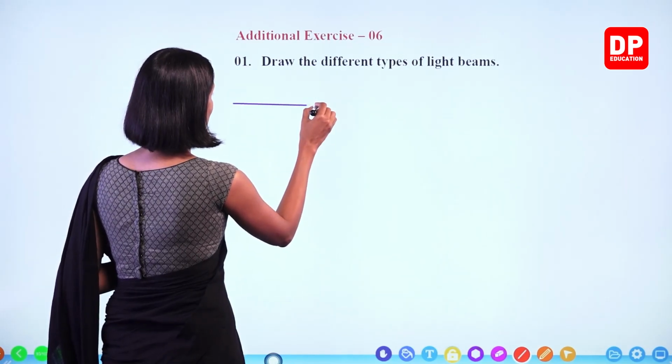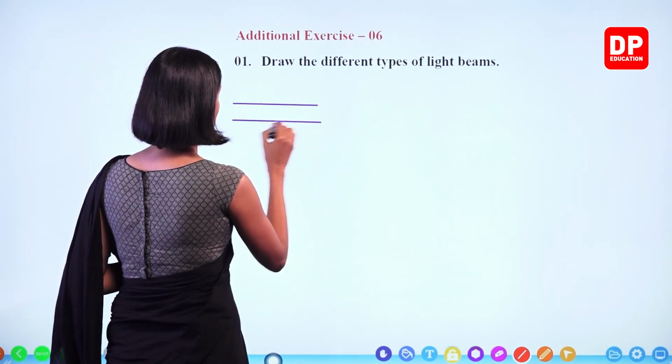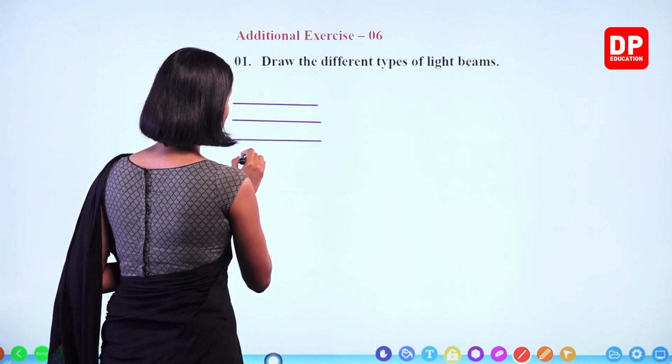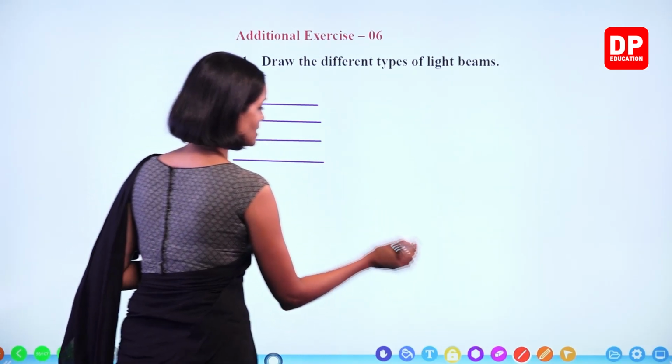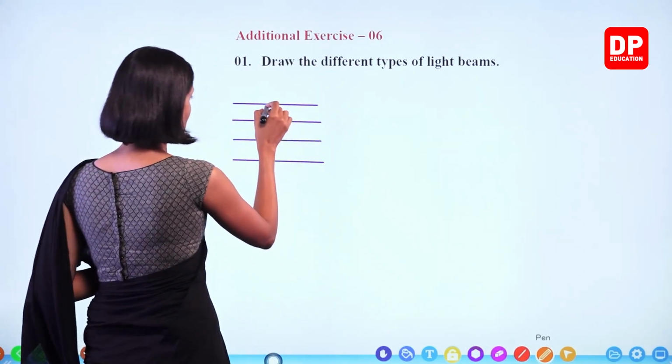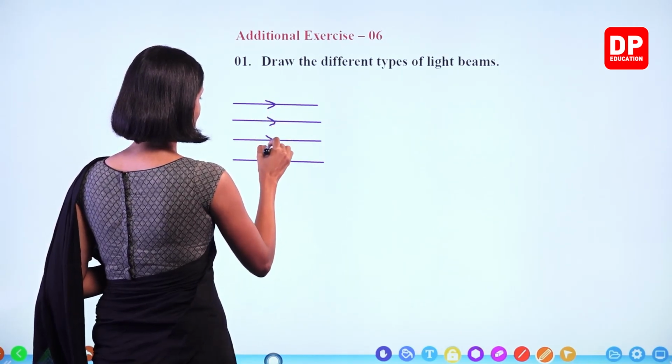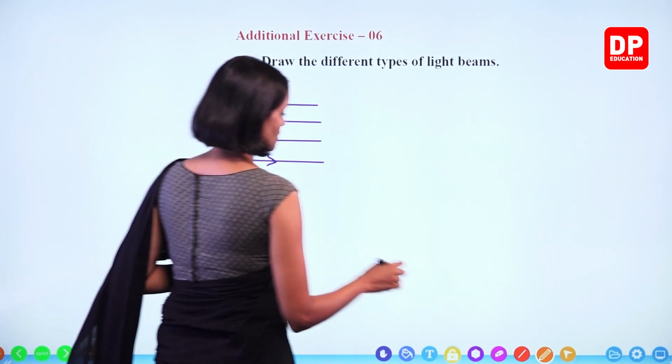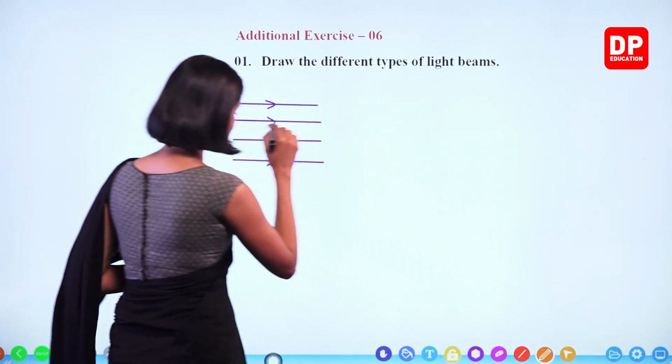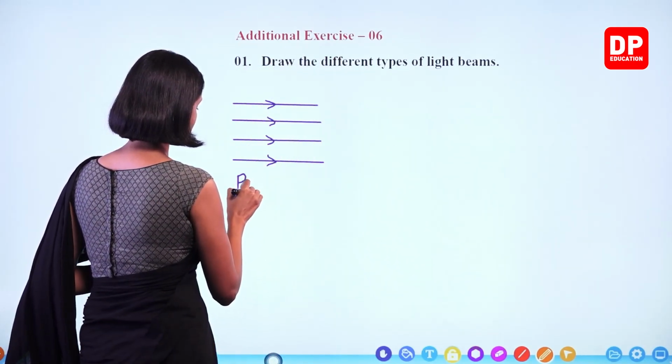Draw the different types of light beams. So when you draw light beams, you have to use straight lines and the direction must be shown with arrowheads. So what beam is this? Parallel beam.